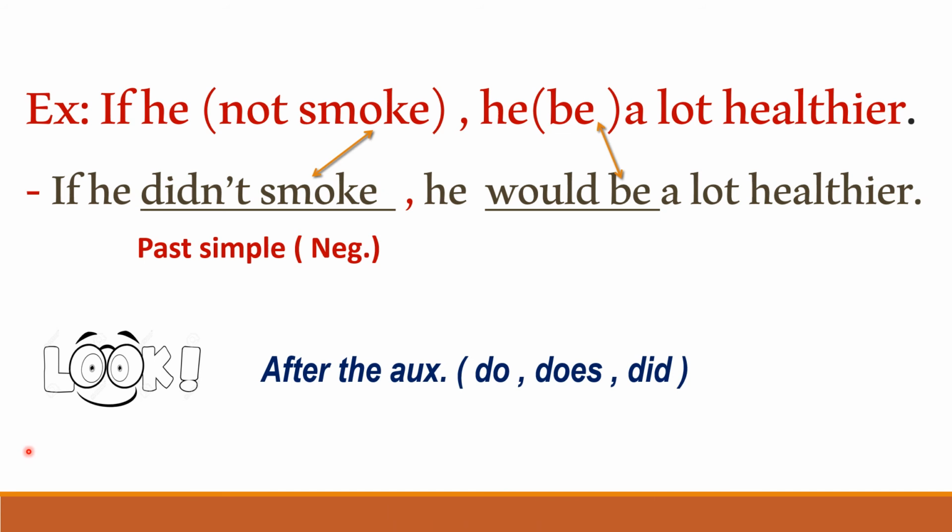So look at this important point: after the auxiliary verbs do, does and did. Do and does are used in the present simple, does for singular and do for plural, and did for the past simple.